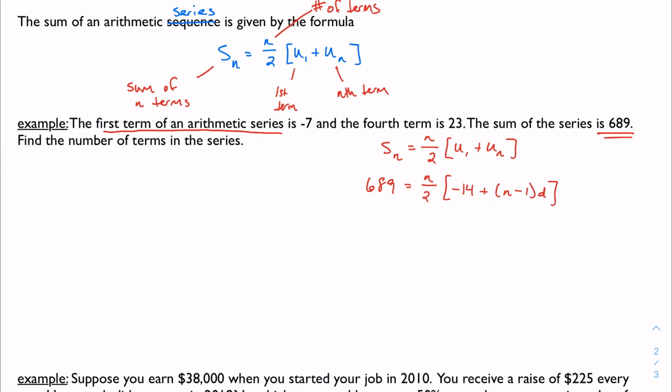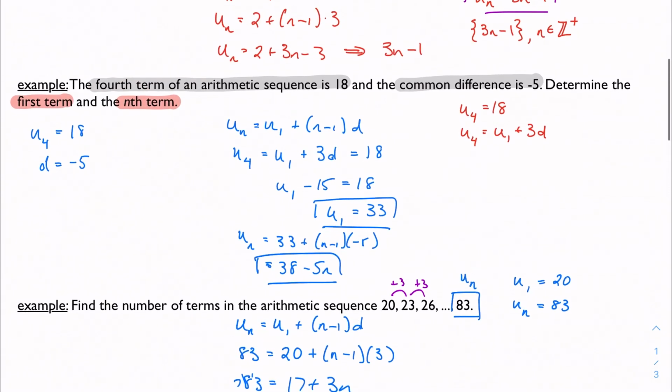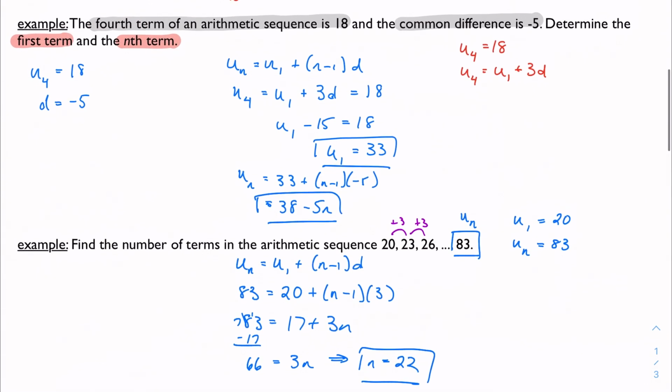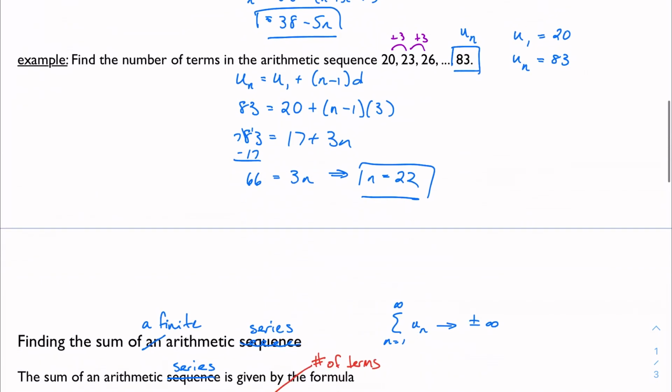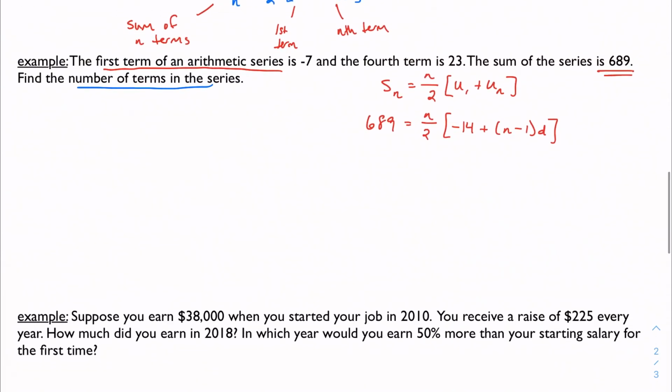And I've got too many unknowns still, right? I've got to figure out what this n is, which is really what I'm trying to solve for, so I'm just going to leave that alone, which means I need to figure out what the common difference is. So I believe we looked at a problem like this already. Kind of. Well, we looked at something that's going to follow the same process. We're just solving for a different variable.